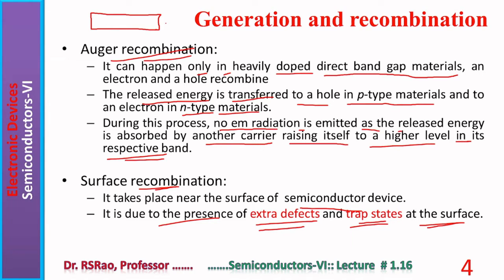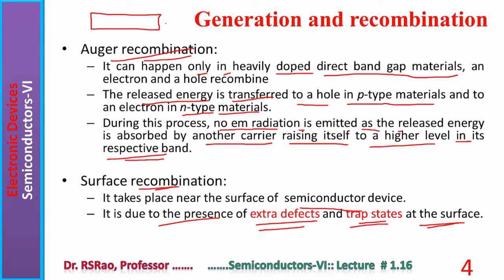After being generated, this electron hole pair travels in a random manner. They move certain distances. They spend some time as individual particles, and then they encounter oppositely charged particles to get recombined.